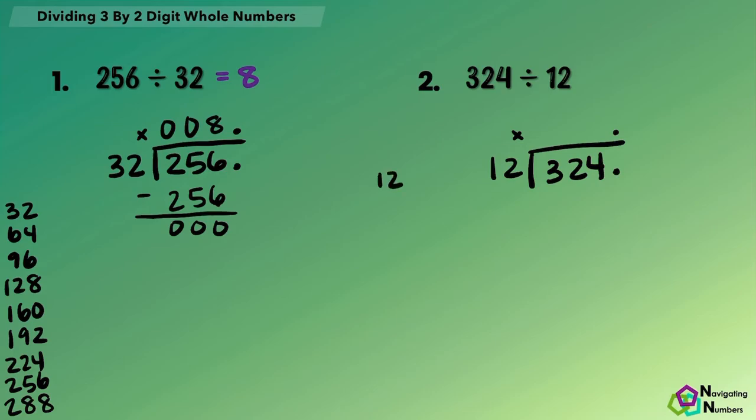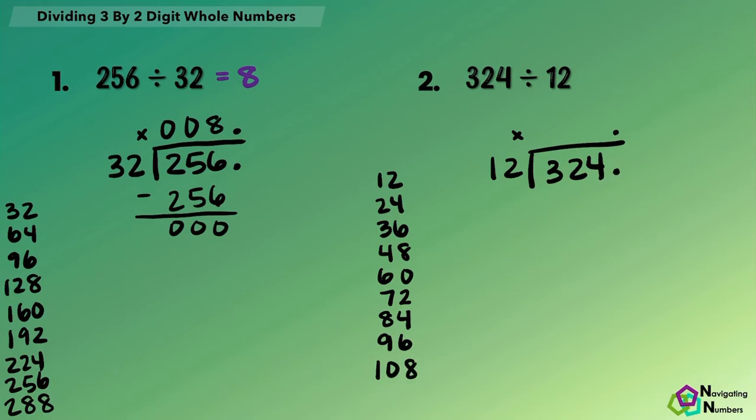So we have 12 times 1, times 2, times 3, times 4, times 5, times 6, times 7, times 8, and times 9.